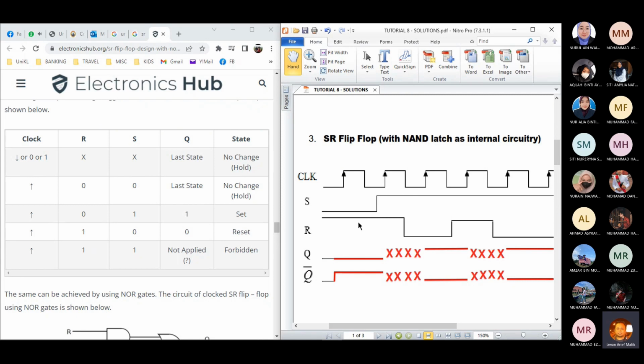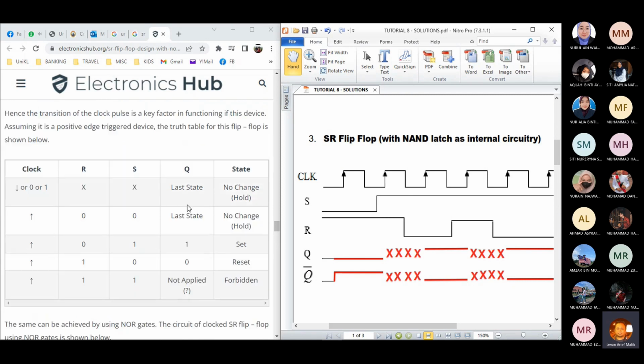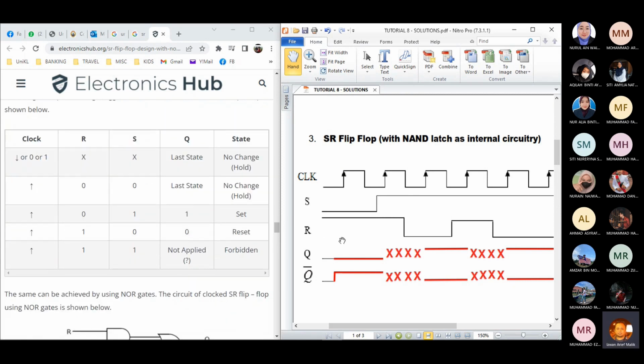Okay, so this is for the SR flip-flop with NAND latch. Okay, so this is where you will be having S0 and R1. So S0, R1, the Q will become 0. So my Q will remain at 0 for the first clock here, until the second clock is triggered here, at the PGT.